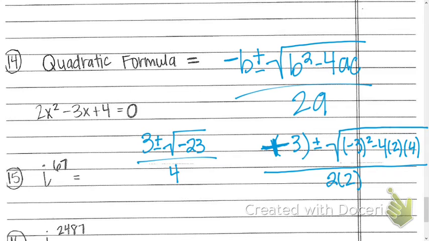You can do the i thing: you can pull that negative out and stick an i out front. I always put it in front because if I put it behind, I think it's under the square root.